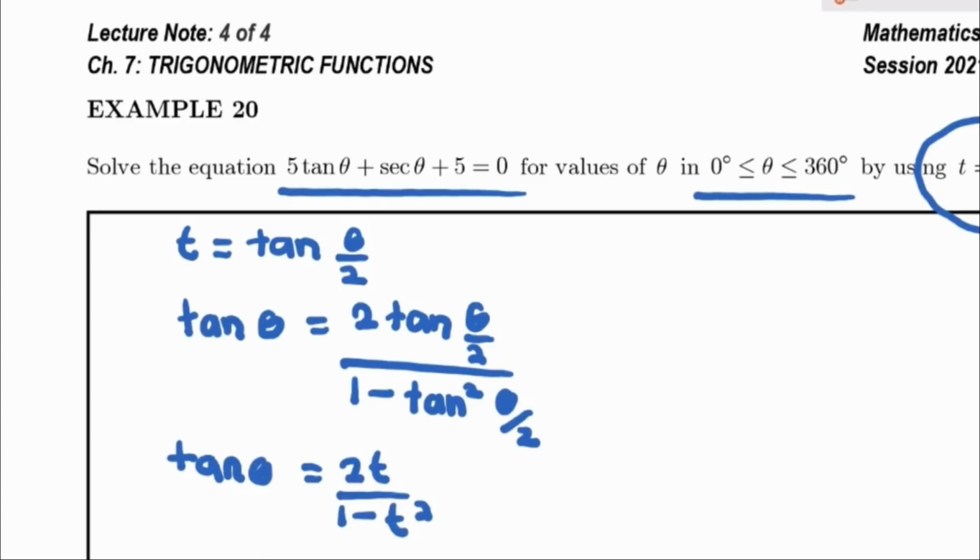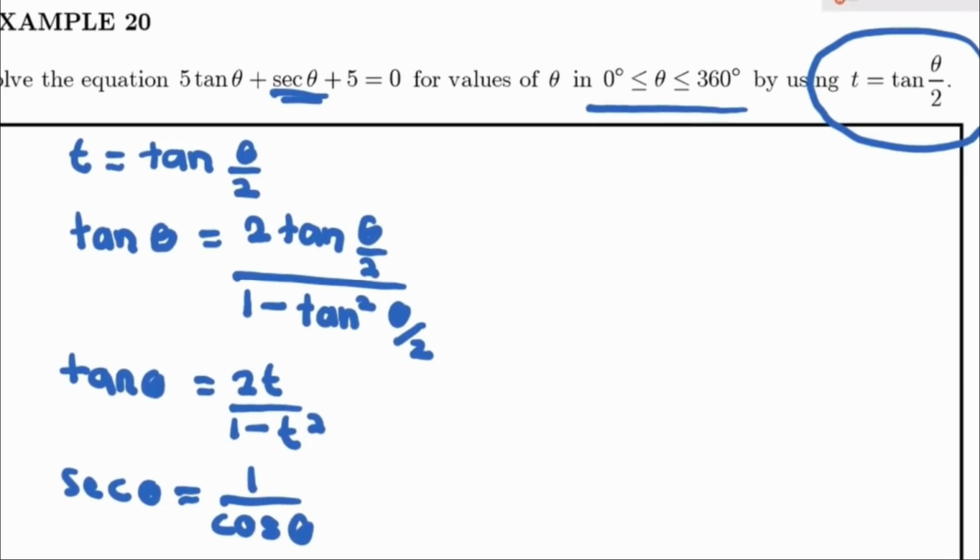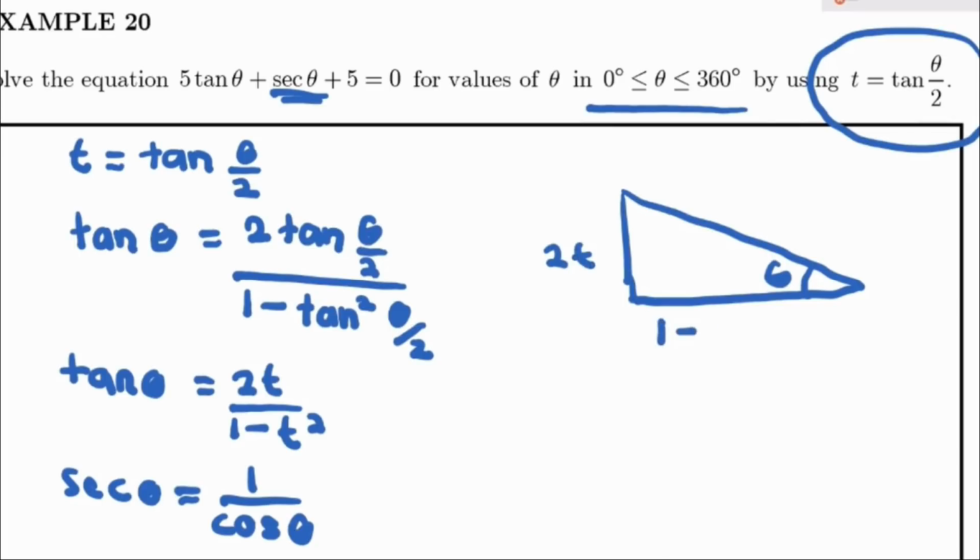Next, to get the secant theta: secant theta equals 1 over cos theta. So to get cos theta, we sketch the right angle triangle, then we use the theorem of Pythagoras. So tangent theta is 2t over 1 minus t square, so the hypotenuse equals 1 plus t square.